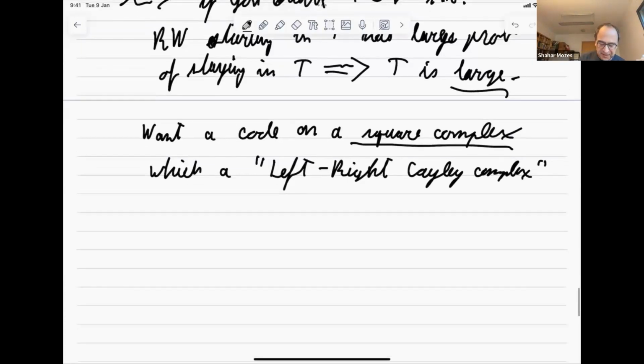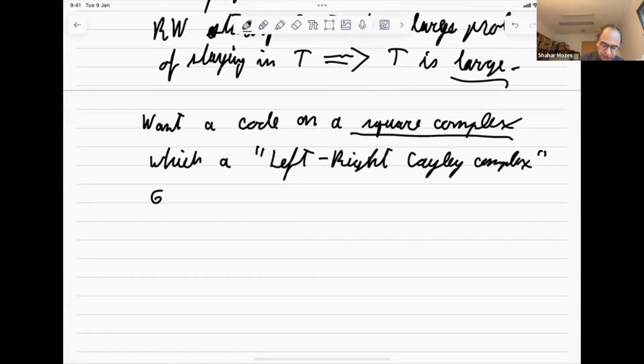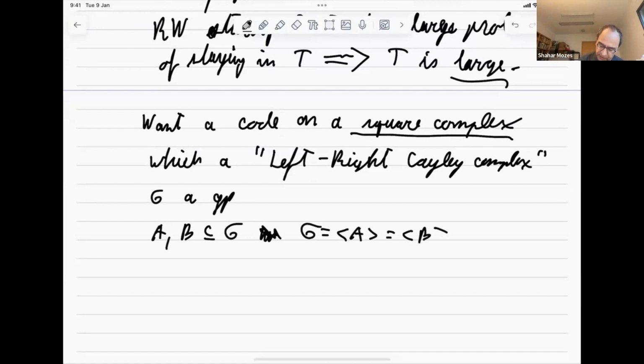We think it's nice. So you have a group G, and two sets of generators, A and B in G. G is generated by A, and it's also generated by B, and they are symmetric, meaning that A equals A inverse and B equals B inverse.